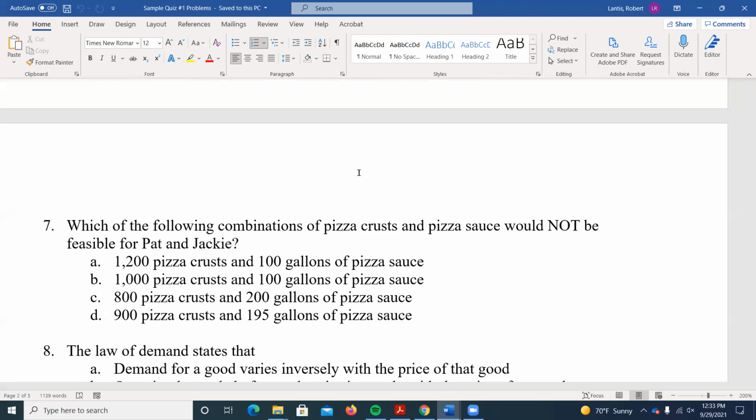I've still got the crust down here, and I'm going to keep sauce up here. If everyone in our economy is only producing sauce, how much would our economy produce? 300. What if our economy is only producing crusts? 1,800. This question is probably a little bit harder than the one I would ask on the exam.